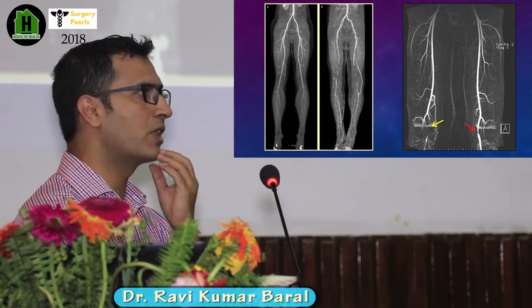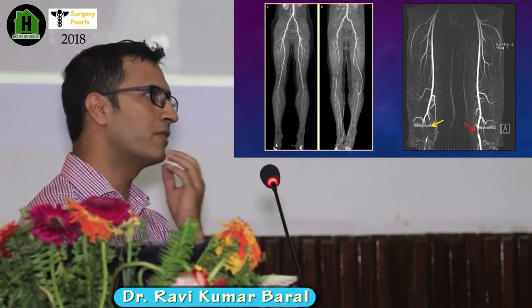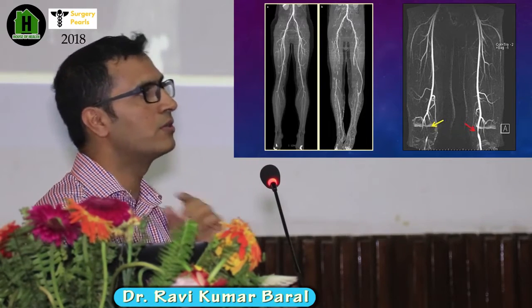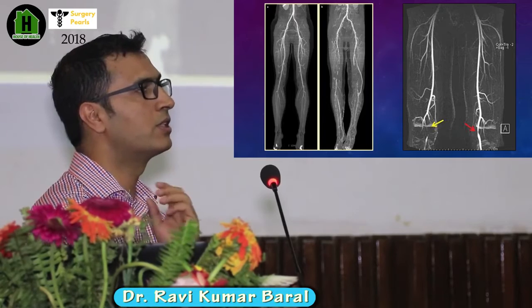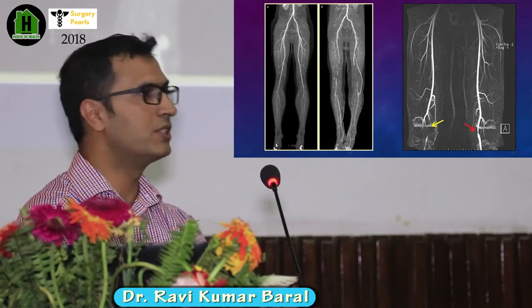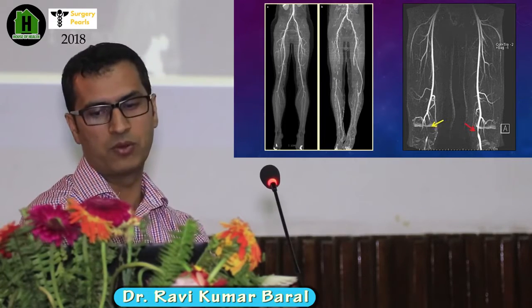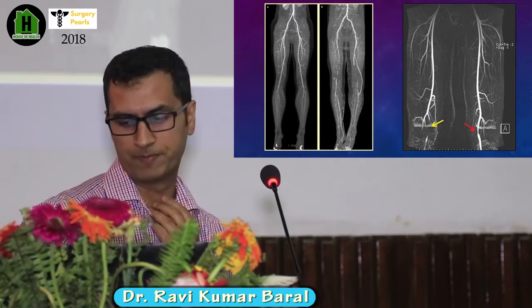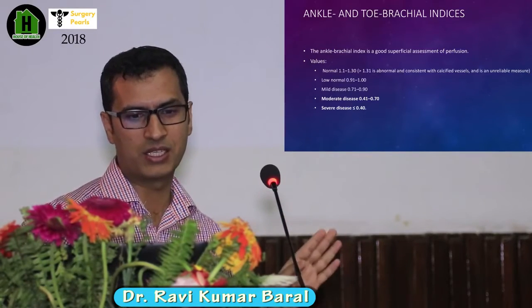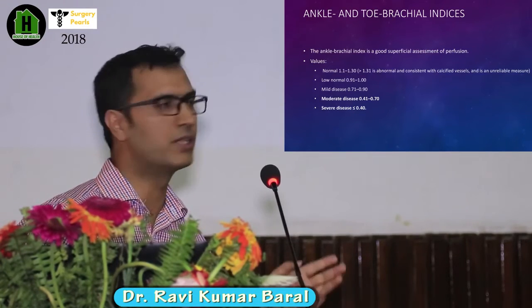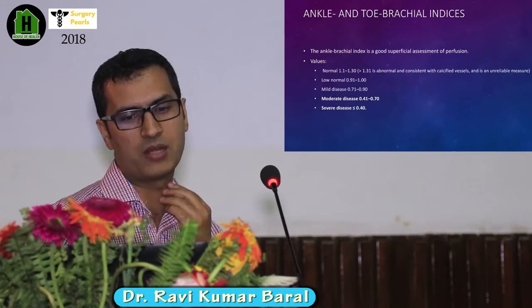So CT angiography even after primary embolectomy is logical, so as to tackle these stenoses. When they have these stenoses on top of the acute limb ischemia, then we might have to go and treat these stenoses too.